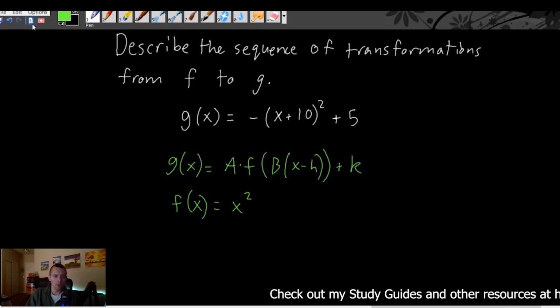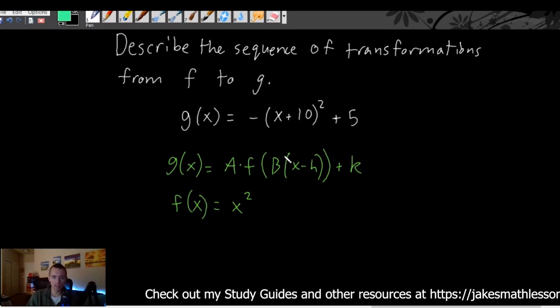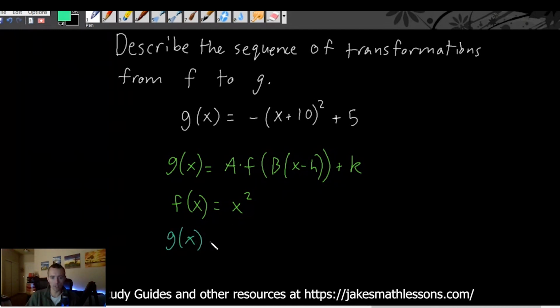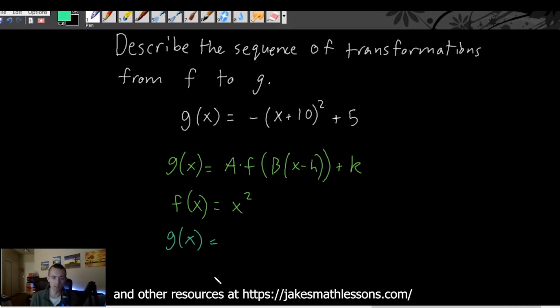Now what we want to do is apply the parent function we figured out to this g of x and figure out a new template, which is specified for transformations having to do with the parent function x squared.